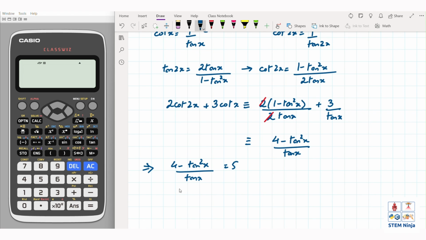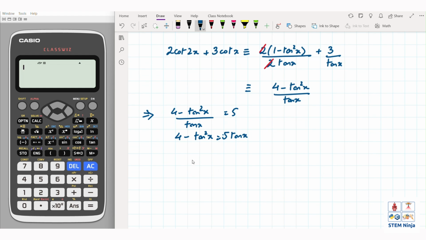Now we cross multiply. This becomes 4 minus tan squared x equals 5 tan x. Now this is a quadratic equation. We bring everything on one side. So tan squared x plus 5 tan x minus 4 equal to 0.